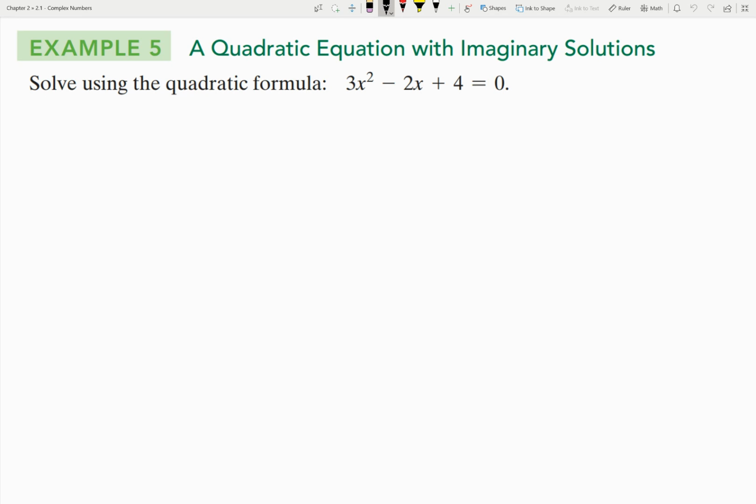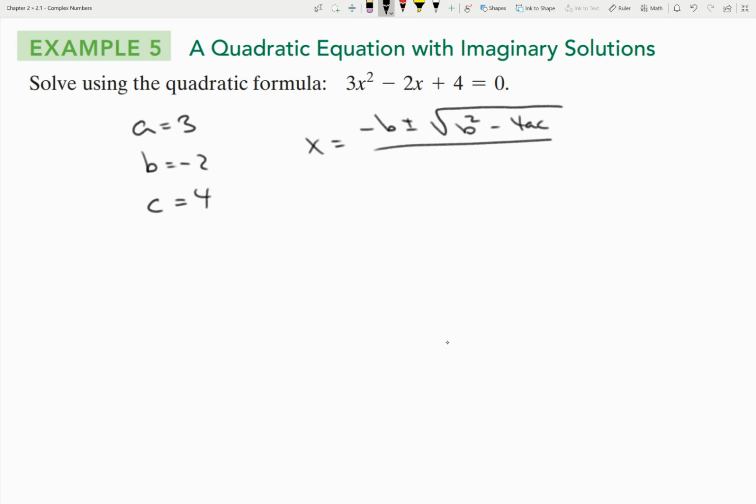Let's see what happens. Okay, so to use the quadratic formula, I need to know a, which is 3, b, which is negative 2, and c, which is 4. And then I'm going to solve, negative b plus or minus square root of b squared minus 4ac all over 2a. And if you want, you can sing it to yourself, but I don't want to do it.